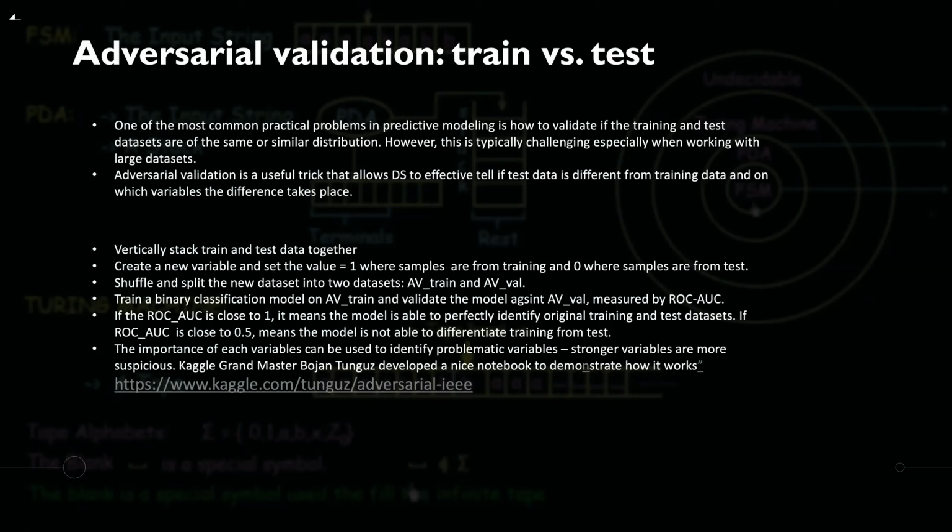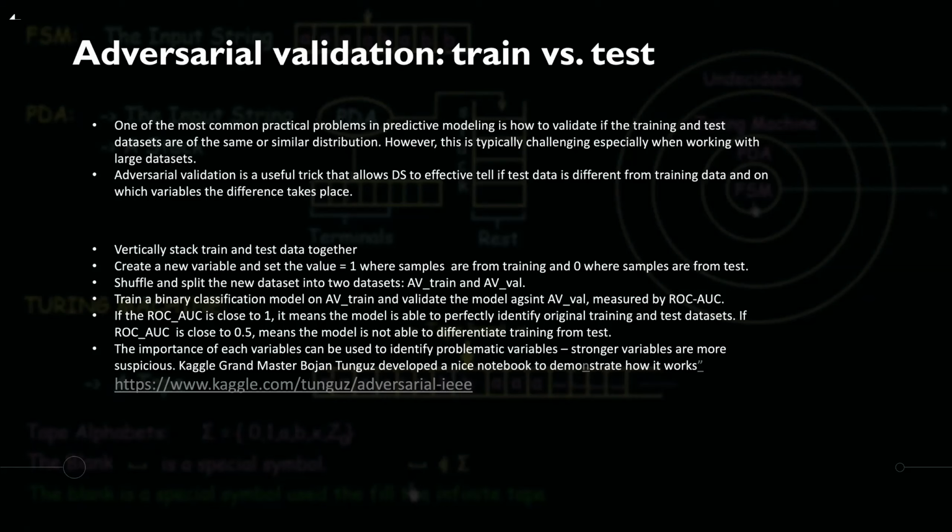In other words, the distributions of the training data and the test data are probably the same. So if the AUC is close to 0.5, this is perfect.